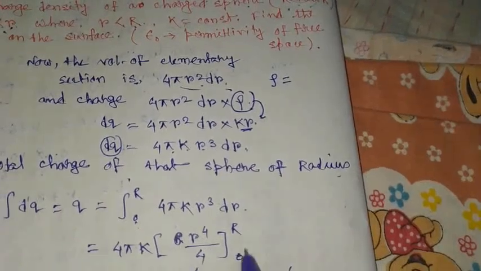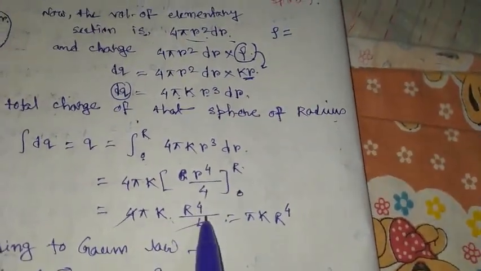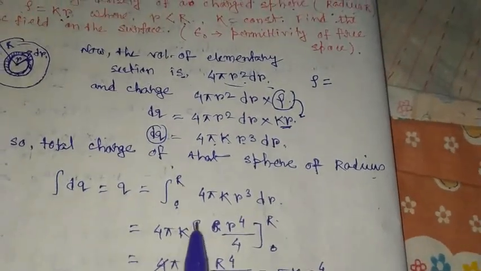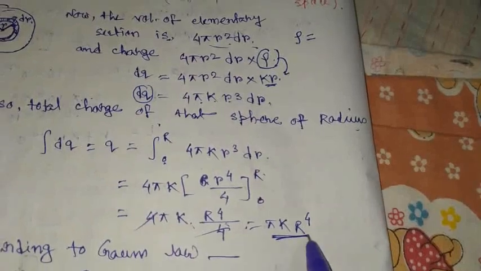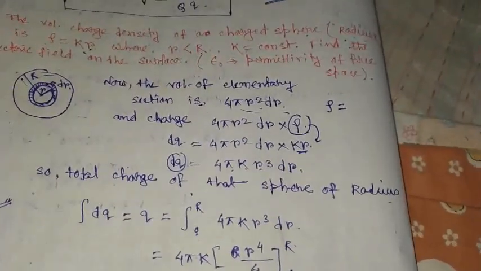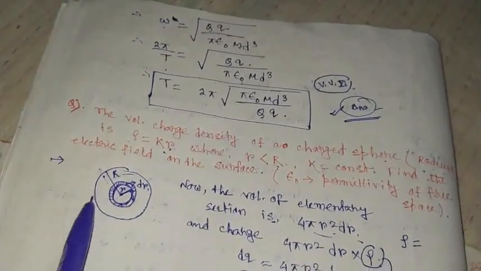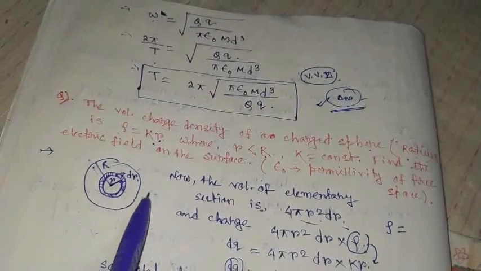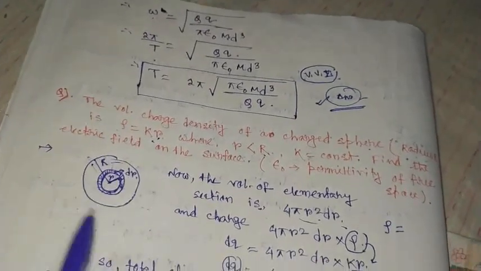Putting in the integration limits and solving, we have pi k R to the power 4. This is the total charge q inside the capital R sphere.